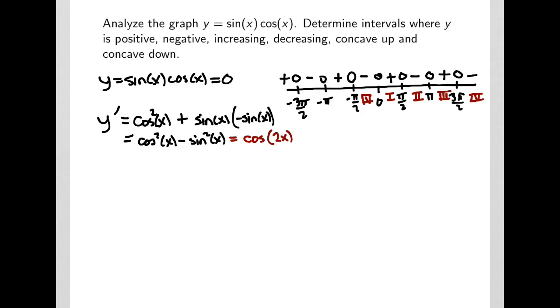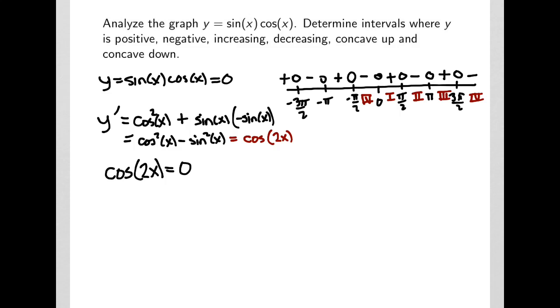Now earlier I had pointed out that the derivative could have been rewritten using the double angle formula as the cosine of 2x. So now it's possible to think about finding my interpretation using this representation of cosine of 2x. I want to illustrate how that works. So if I want to know where y prime equals 0, I'm looking at where the cosine of 2x equals 0.